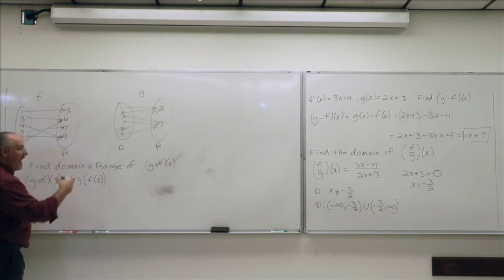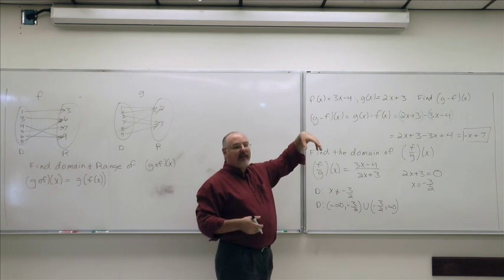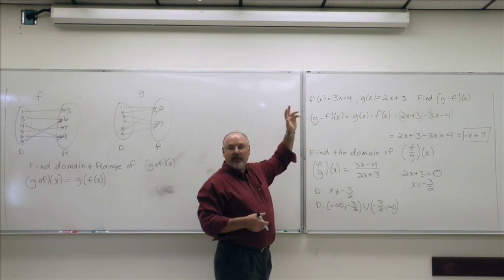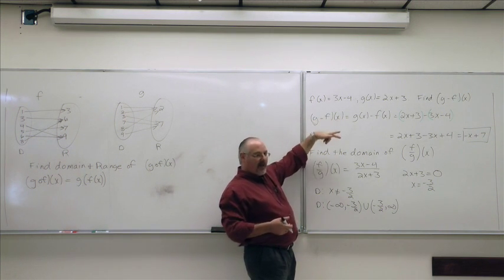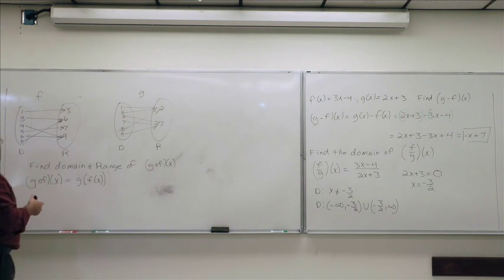So if I had f of g of x, and I find f of g of 7, I would take the 7, plug it into g, get that answer, and plug it into f. So we need to see what's going to work all the way through.